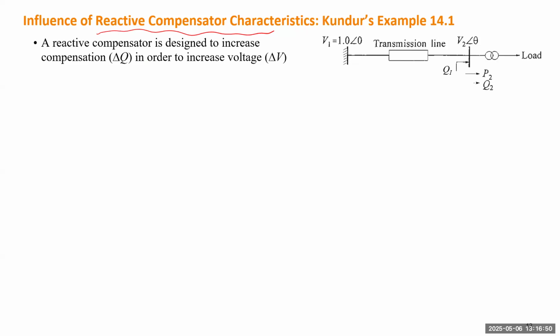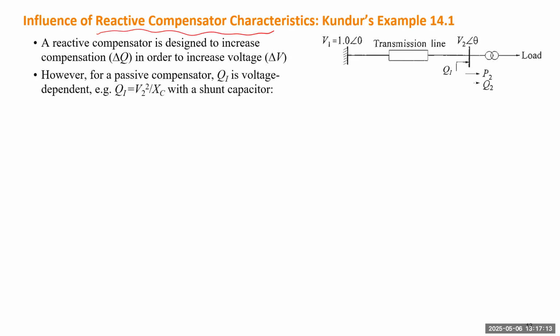For this reactive compensator, we can assume it's made by a bank of capacitors or reactors, and this compensator has some automatic control. It can increase the reactive power compensation in order to increase voltage.